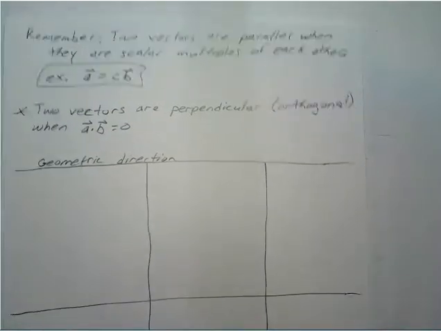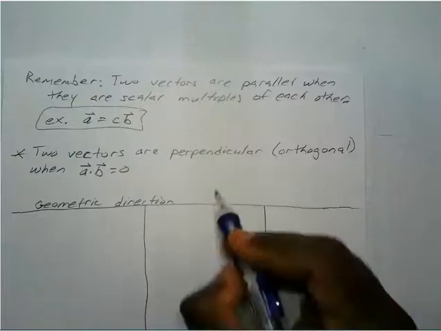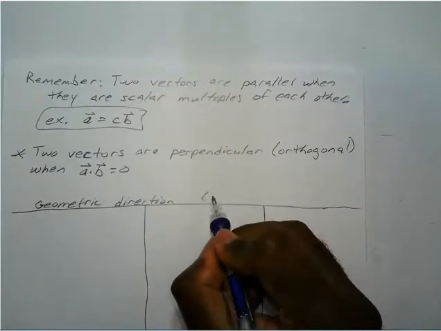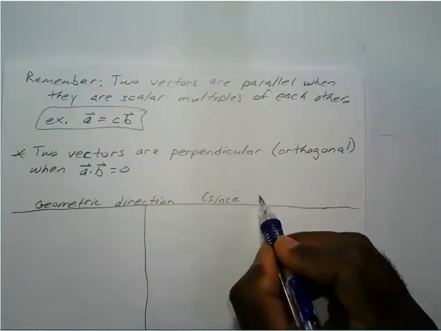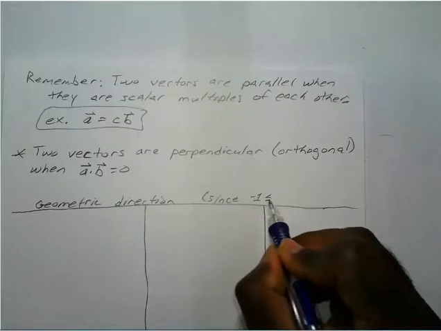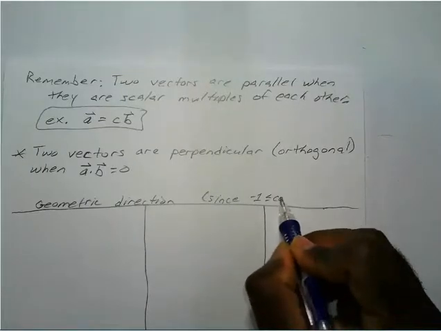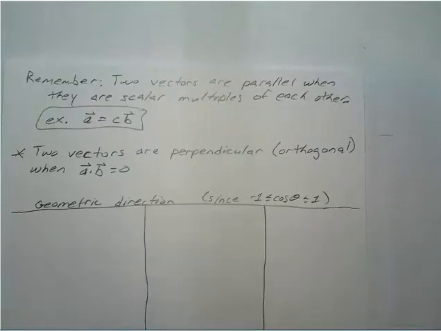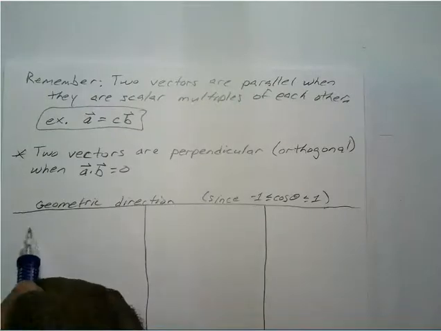All right, now if you remember, cosine of theta fluctuates between -1 and 1. Okay, so we're going to look at different intervals.